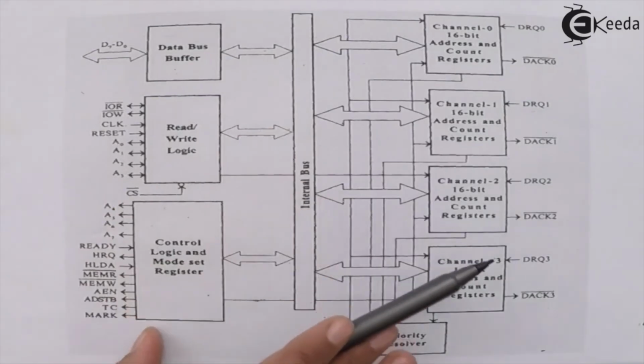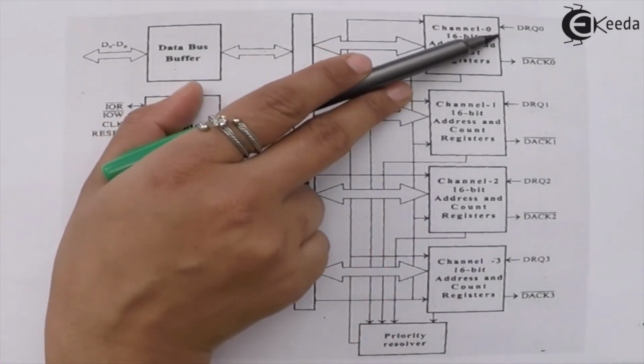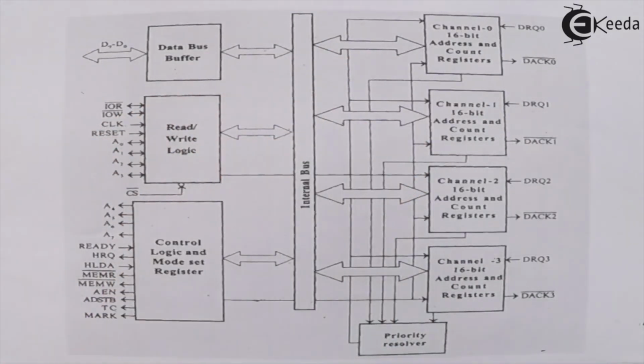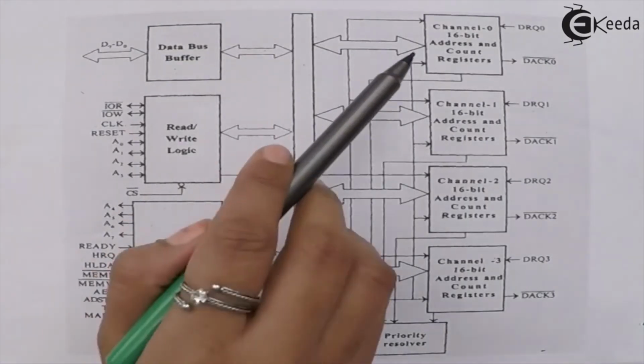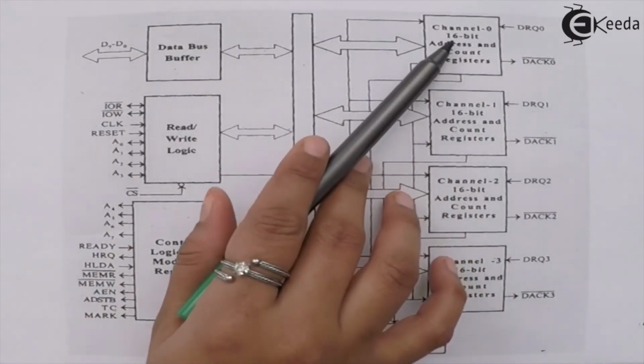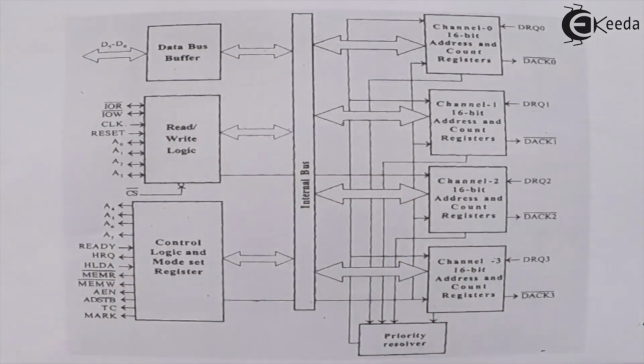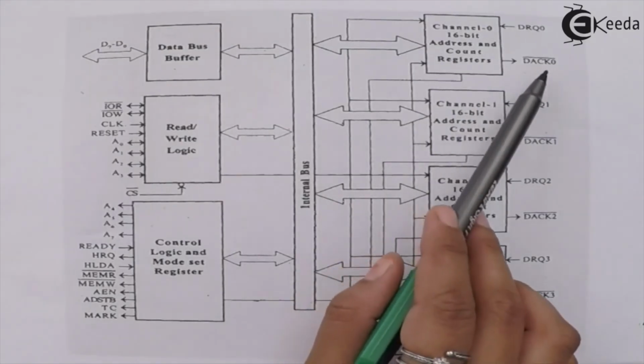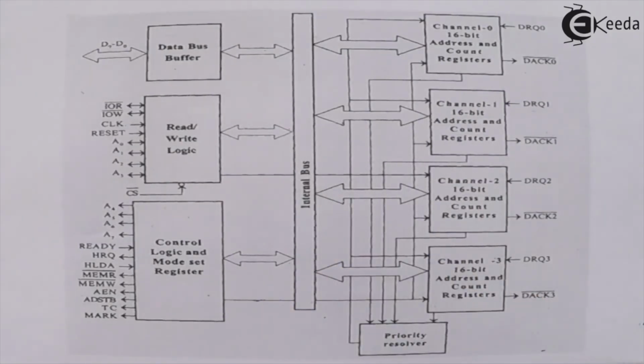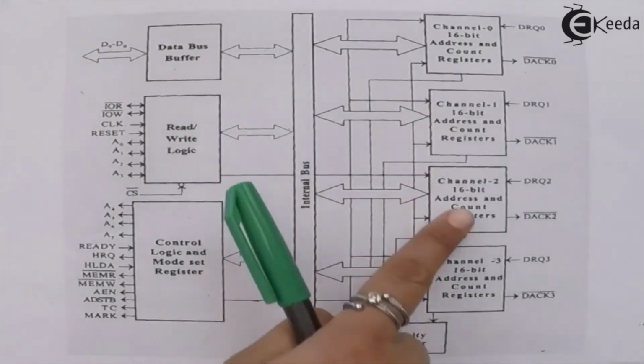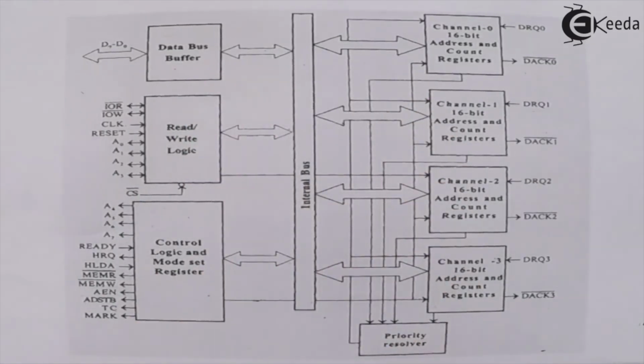Each channel has a DMA request and a DMA acknowledge signal associated with it. The DMA request is given to the channel by the peripheral device, and DMA acknowledge is the acknowledgement signal given by the DMA to the peripheral device.